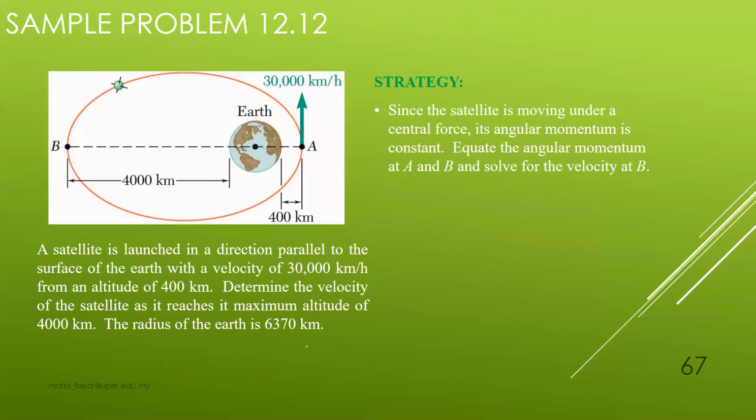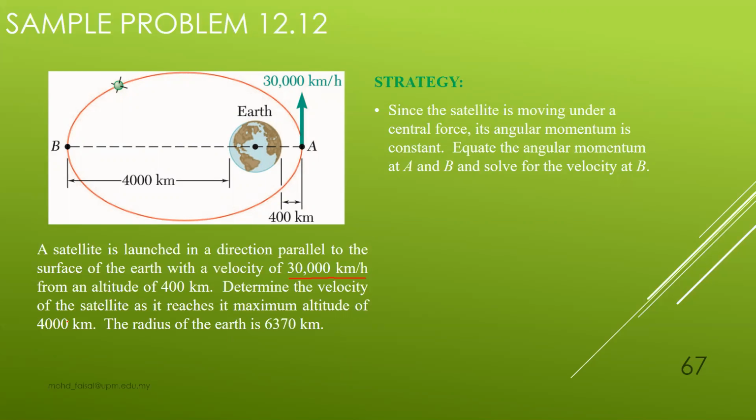Now moving on, our first example for this particular subtopic. A satellite is launched in a direction parallel to the surface of the Earth with a velocity of 30,000 kilometers per hour. Okay, it's very fast. From an altitude of 400 kilometers.